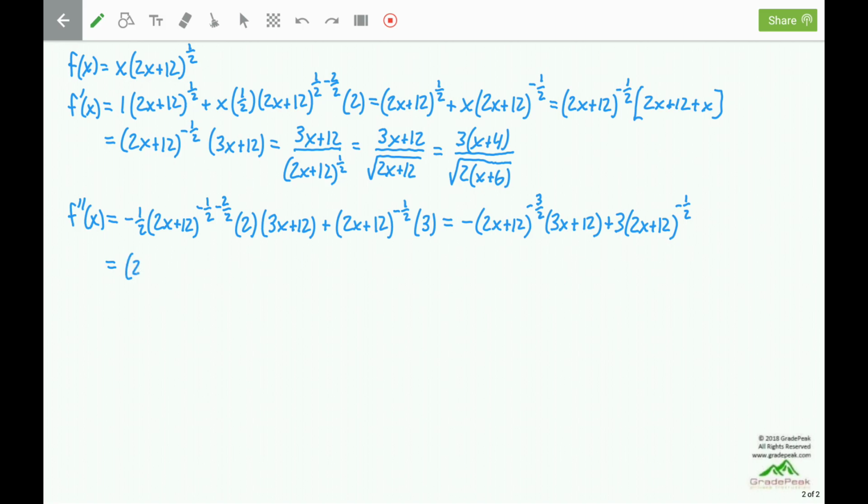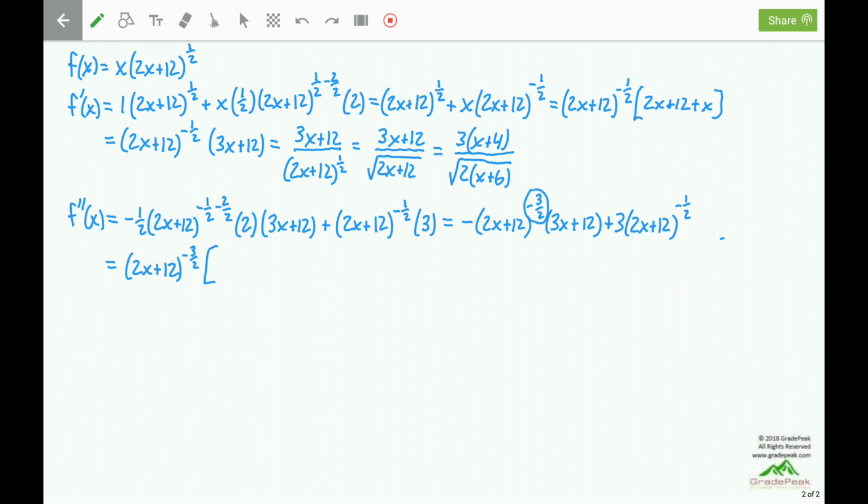So we can factor out a 2x plus 12 to the negative 3 halves power. Factoring is division. Division is subtraction of exponents. By factoring out 2x plus 12 to the negative 3 halves power, we will be subtracting a negative 3 halves, which is equivalent to adding a 3 halves to each of the powers.